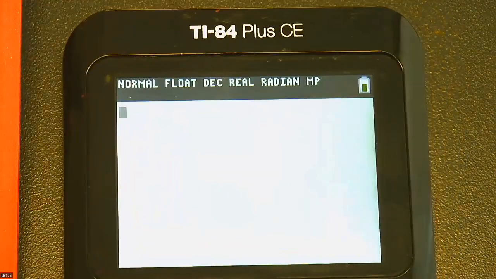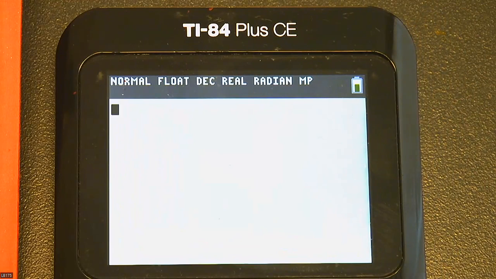So let's put that into our calculator, right? Now I'm going to put that into the TI-84 first, and then I'll show you how to do it in TI-30. It's the same concept. What we're going to do is start on the interior part of the formula. So I have to start in the parentheses.